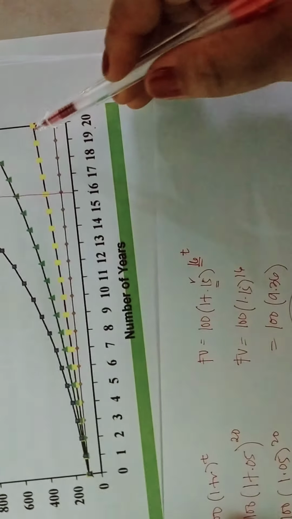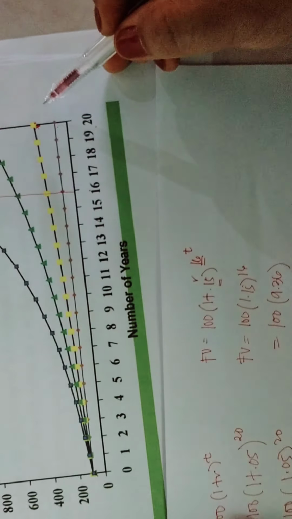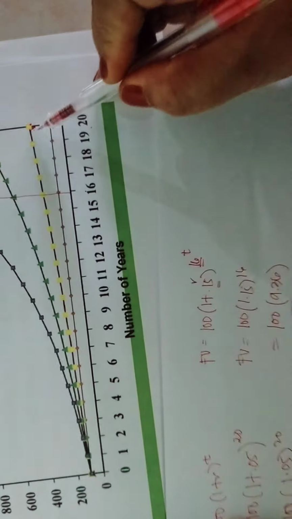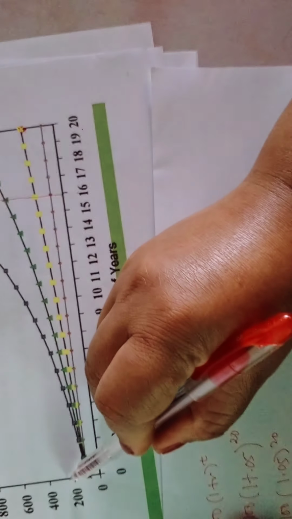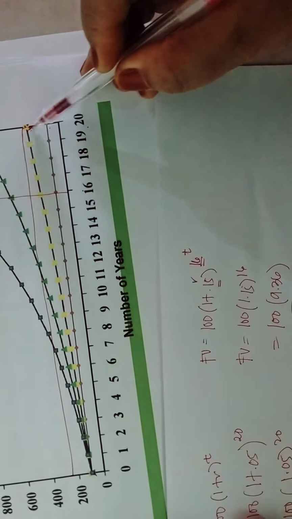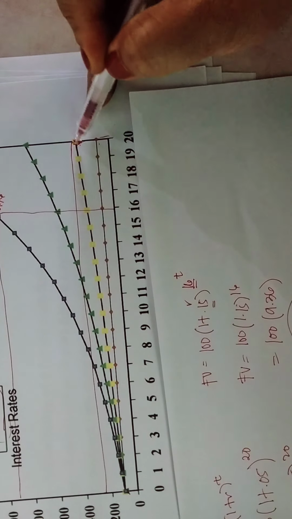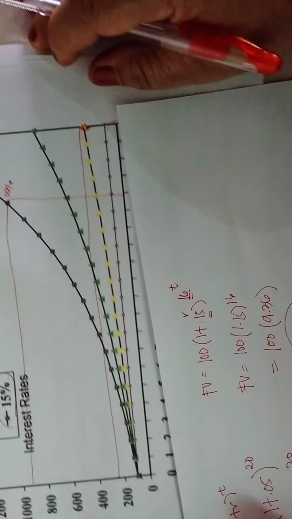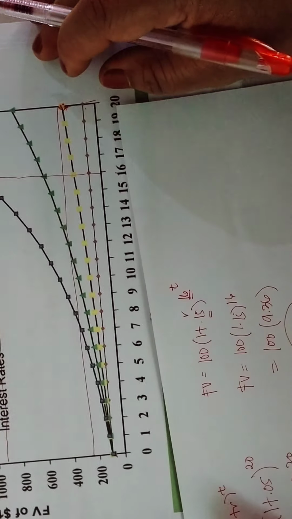Earlier, at 5%, it was 265. So that is the future value of money.